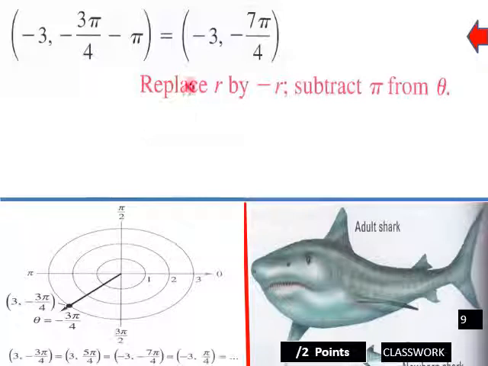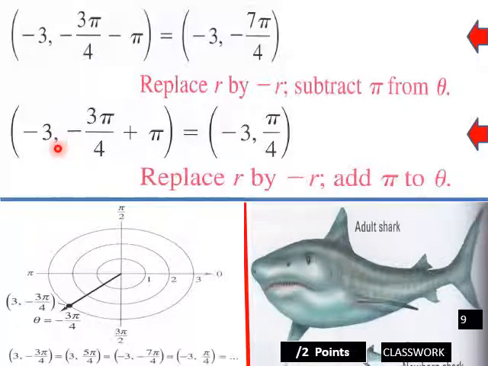In this case, you would end up with −7π/4 in this situation here. You subtract π from θ, which would be an addition actually of −7π/4, because you would be down here in your third quadrant. So in this situation, this would be the same as that.